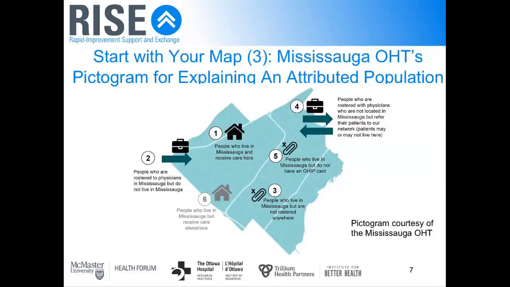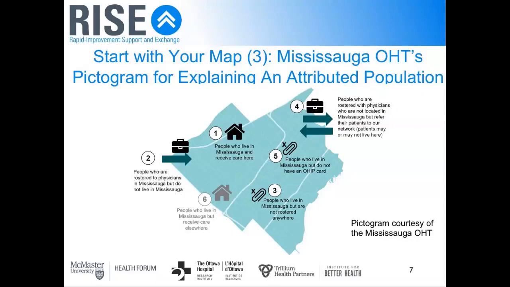These are the people who live in Mississauga and receive primary care in Mississauga, particularly through the patient enrollment models or the fee-for-service physicians in the locality here. And that ends up being the majority of people in the Mississauga attributed population. Over 60% of people that are attributed here generally live here and receive their care through their primary care physicians here.